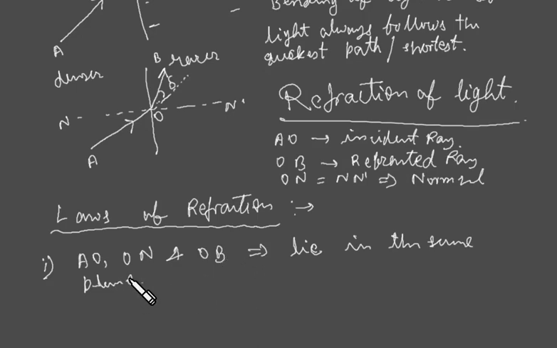Actually, this is quite obvious. First of all, if this was not the case, that all the two rays and the imaginary line lie on the same plane, we would not be able to apply simple geometry to optics as we do.